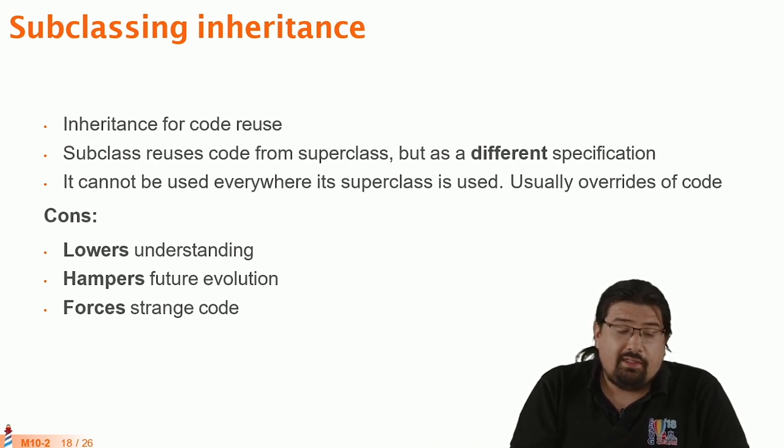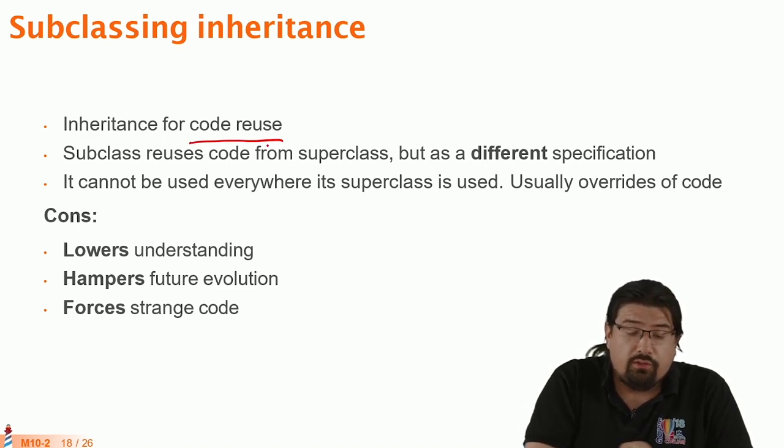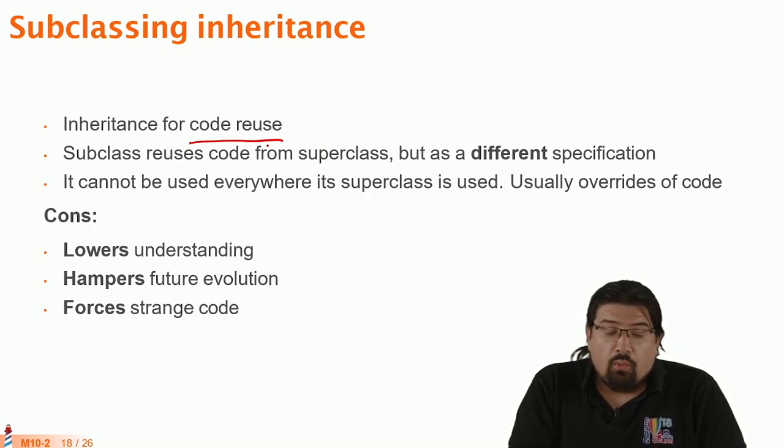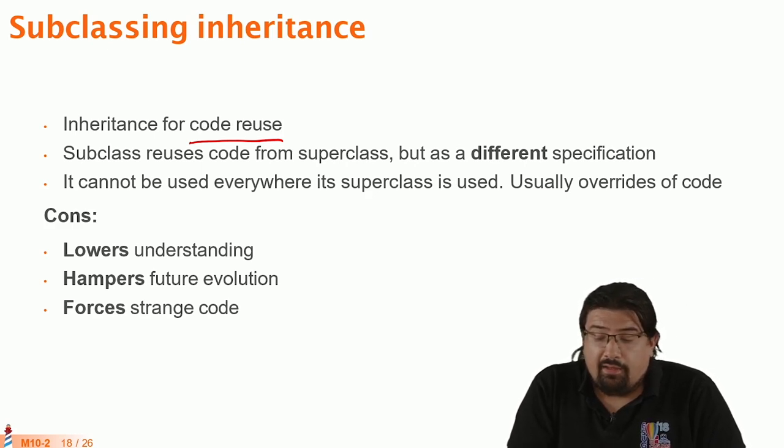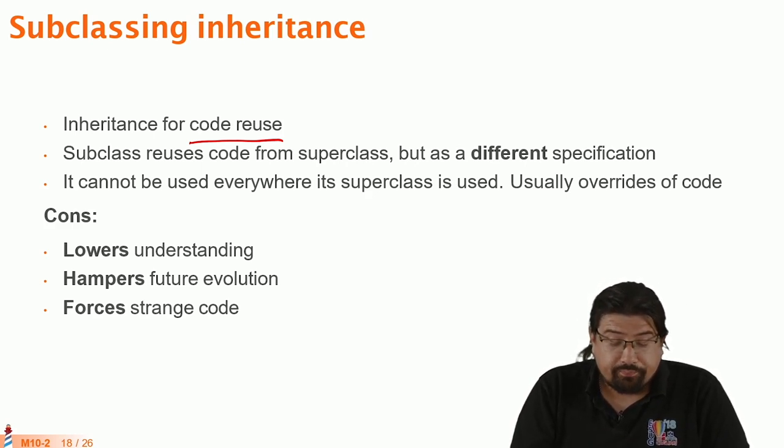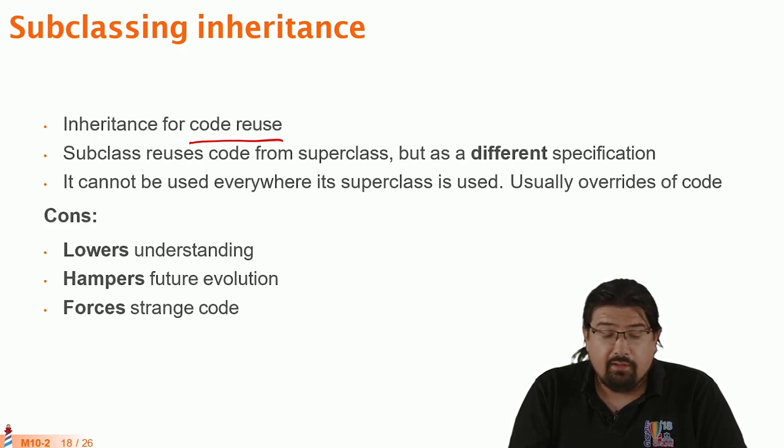Remember, subclassing or inheritance is intended for code reuse. We are reusing the code that is defined in the superclass, and we will add a different specification in some of the parts.